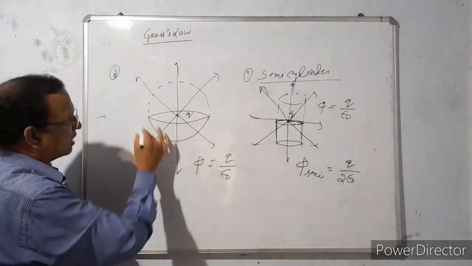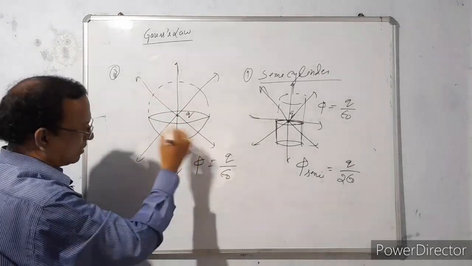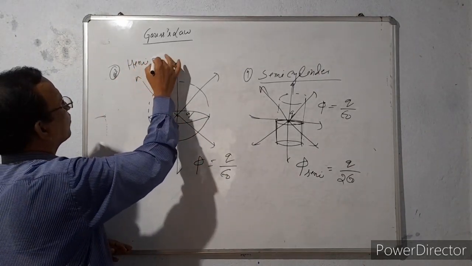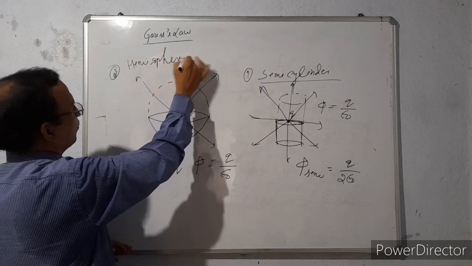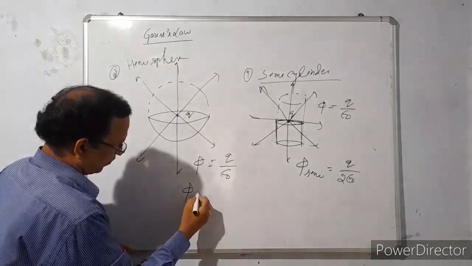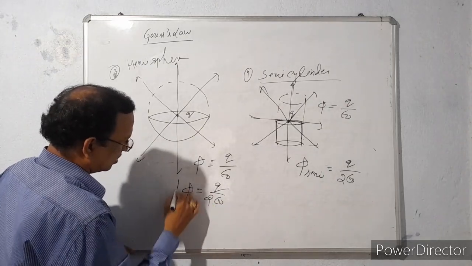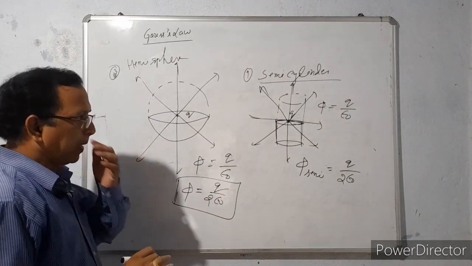In case of semi, that means half of this, the hemisphere, that is equal to Q by 2 epsilon naught. In this case, clear?